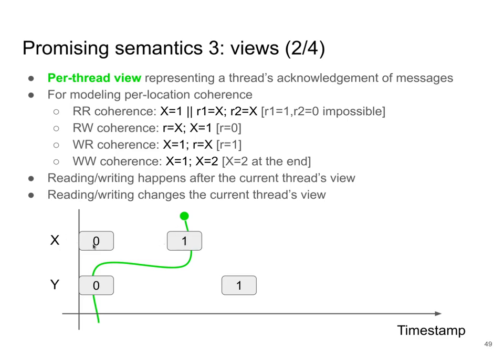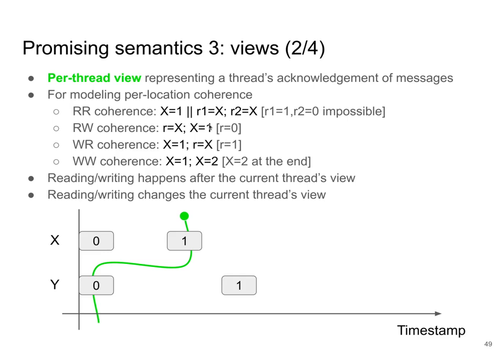So there are two messages, 0 and 1. And here we want to read 1 and 0. Is it possible? I'm going to say it is impossible because 1 is the more recent value and R2 should not be reading an old value that is already overwritten by the earlier read.